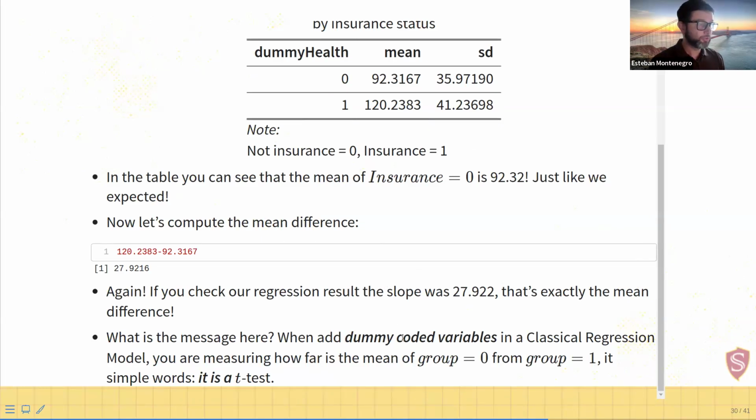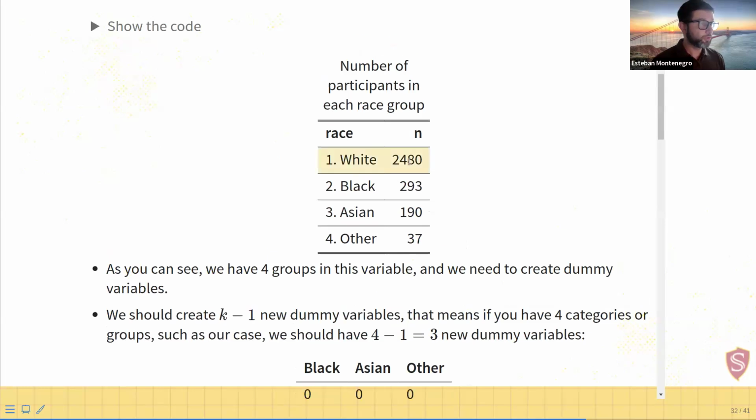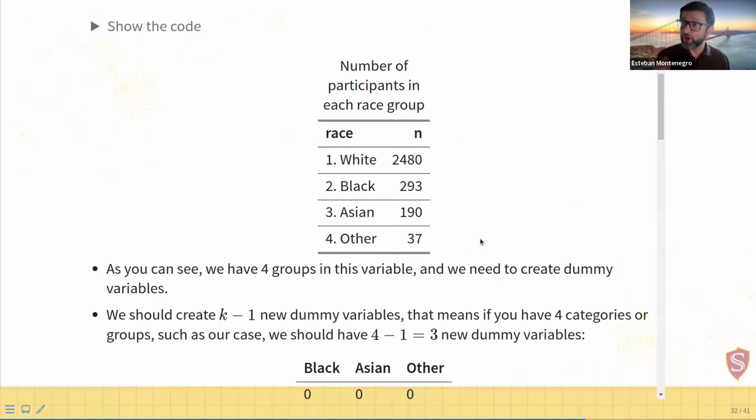I talked about dummy-coded variables, and I told you that those are very important if you want to compare multiple groups. If you have a nominal variable, like for example, race, in regression models you need to transform this into a dummy-coded variable. A dummy-coded variable is just a new column in your data set that has zeros and ones.